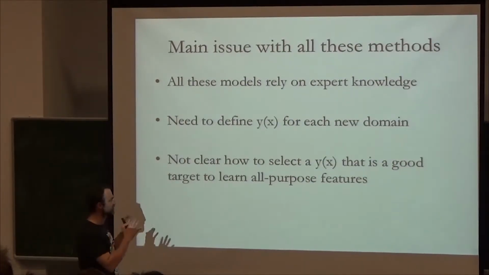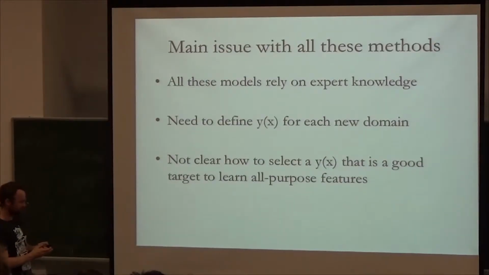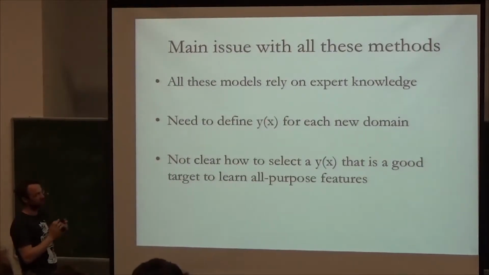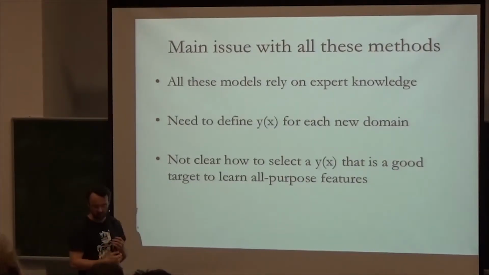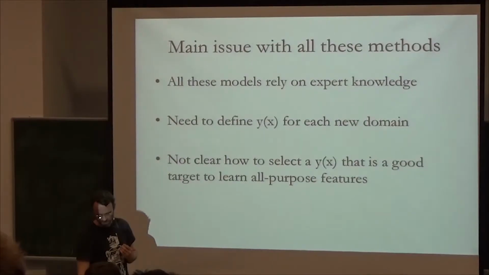I think there are one or two approaches out there which do have this self-supervised flavor, but are definitely domain agnostic. So I'm going to use the remaining time to go over those a little bit.